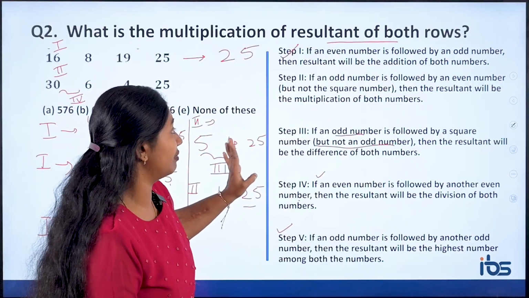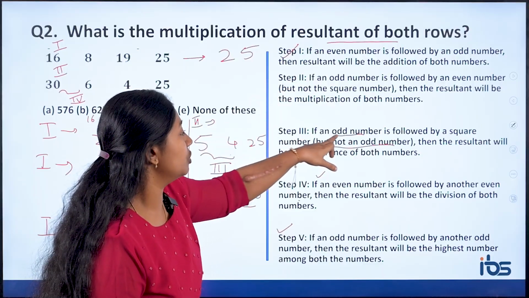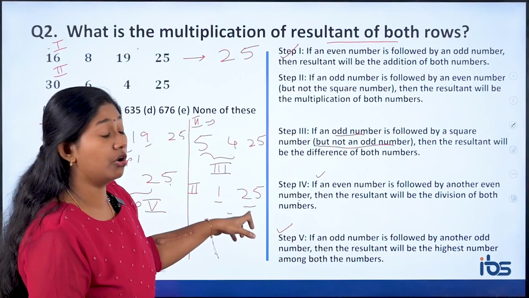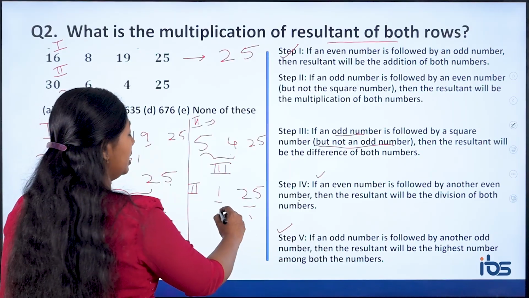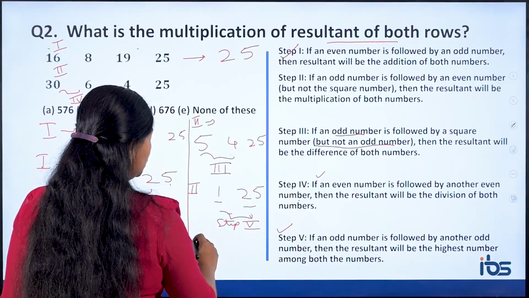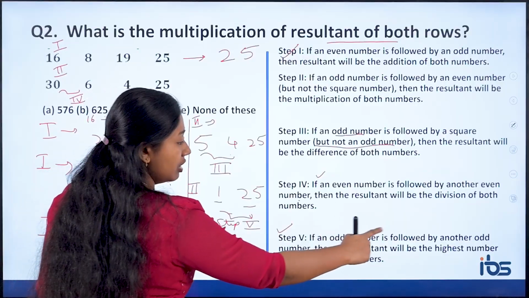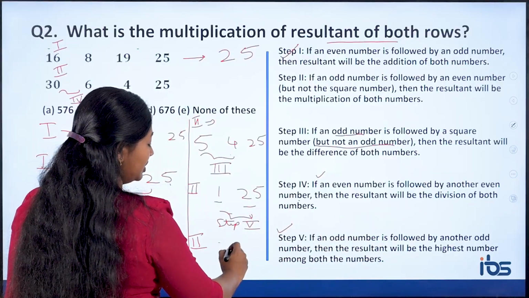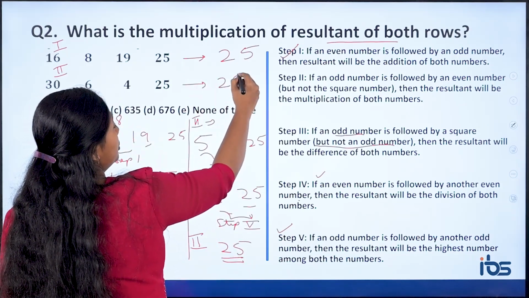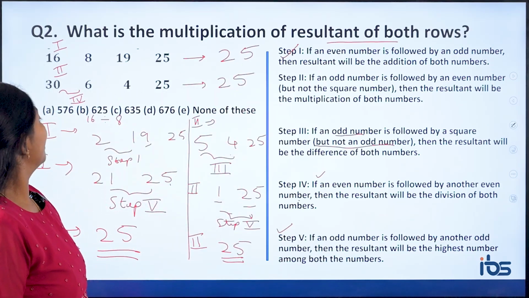Odd even, so you have to skip that step. Odd number is followed by square number but not an odd, but this is odd. So, you have to follow step 5. So, you have to choose the highest number, 25. So, from row 2 also resultant value you have got as 25.